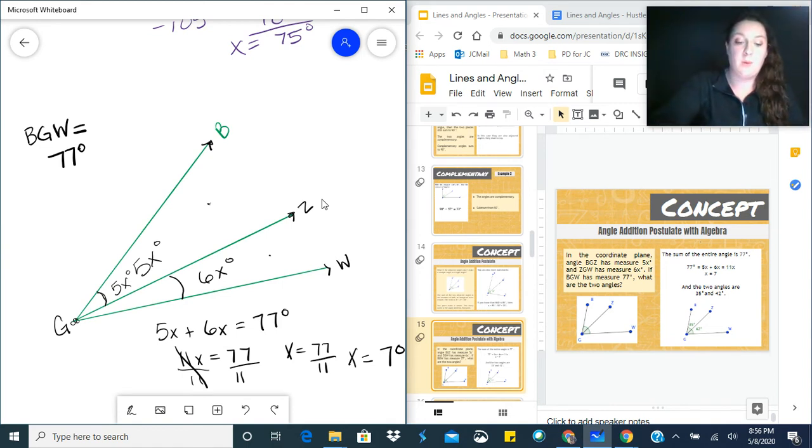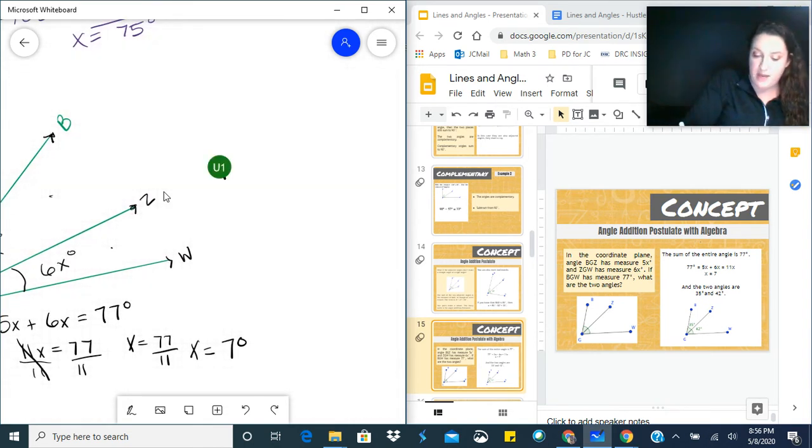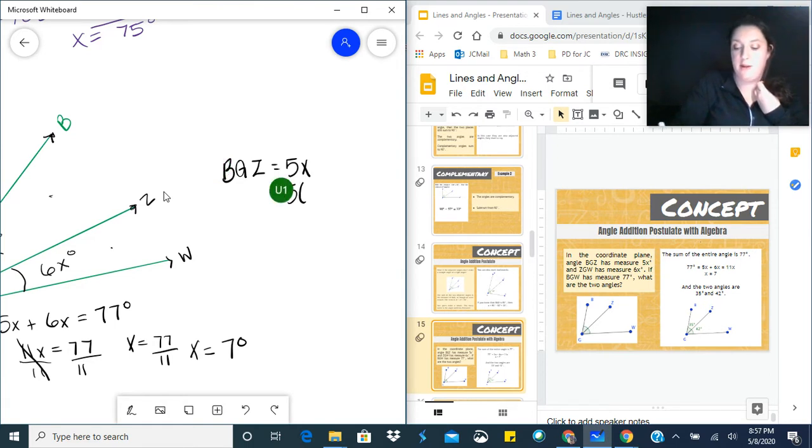So we're going to scoot our little thing over just a little bit. So we have BGZ equals 5x. Our x equals 7, so you're going to do 5 times 7 degrees, which means angle BGZ is going to equal what? 35. Very good.